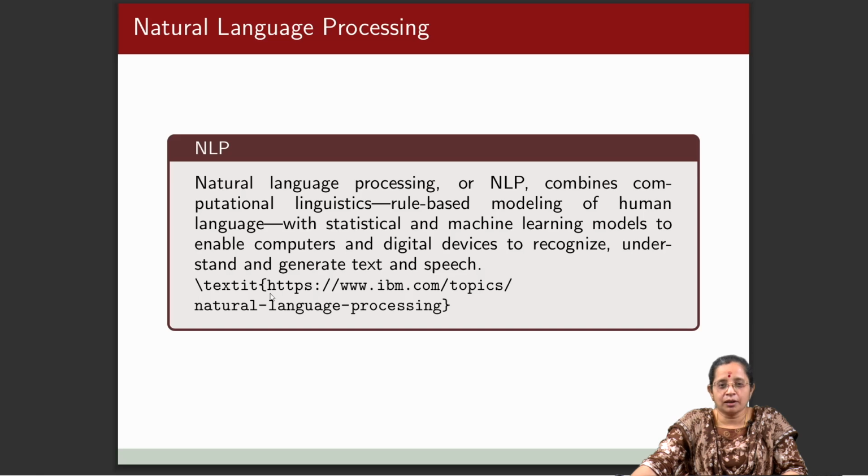This is from the IBM website, but mostly it is about how we understand language. Say, take your own mother tongue and how you are able to understand it. Can we make a similar attempt to make a machine understand language?